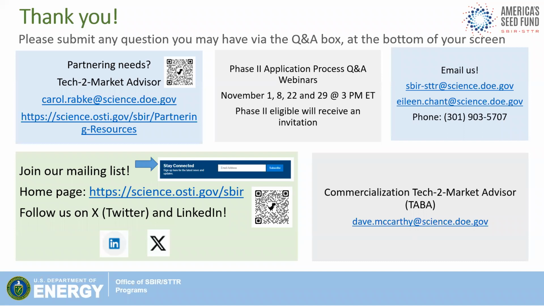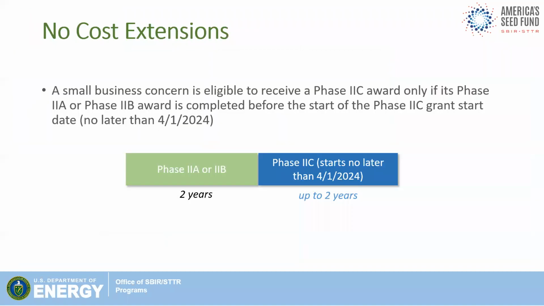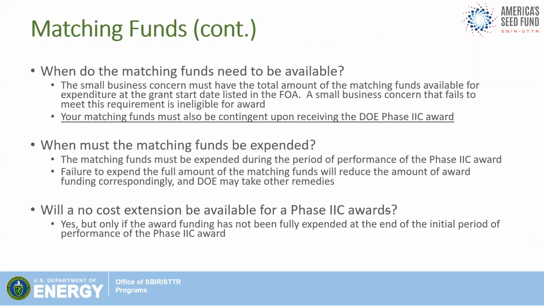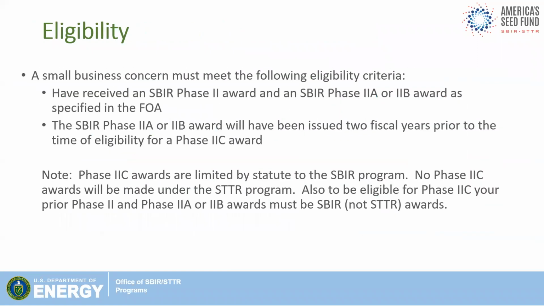Hopefully that helps. And to Eileen's point, if you submit for phase 2B, that means you've completed your phase 2 research successfully and you're ready to move on towards commercialization.